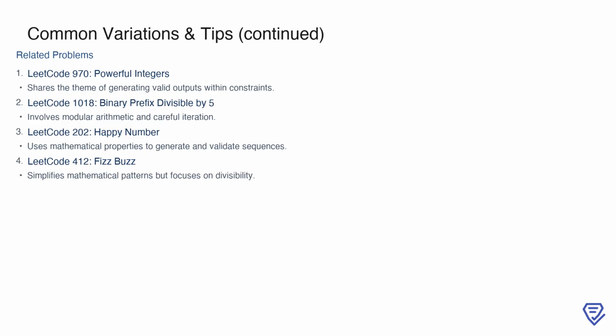Finally, LeetCode 412, FizzBuzz, simplifies mathematical patterns but centers on divisibility, offering a more basic but related challenge. Exploring these problems can deepen your understanding of mathematical reasoning and efficient computation, both of which are critical for solving the Simplified Fractions problem effectively.